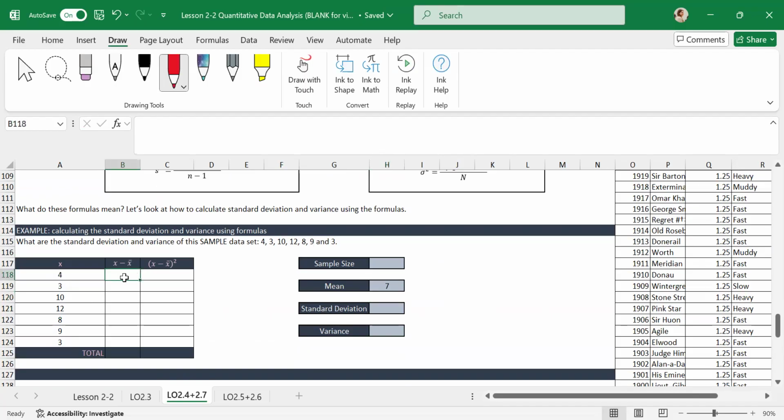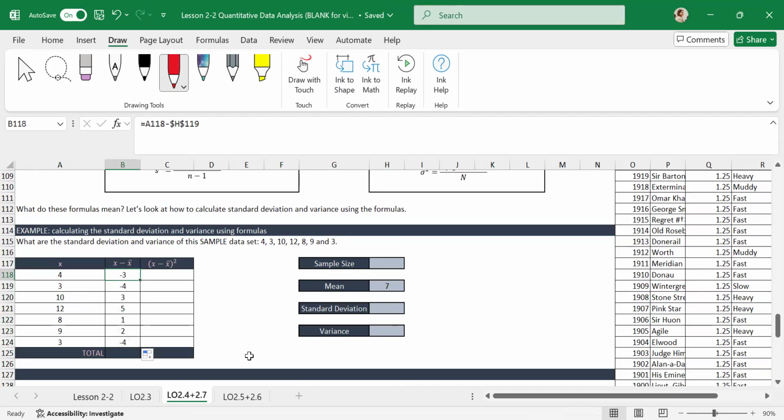The first step then is find out how far each of these values is from the mean. So I would take the individual value, the first one being 4, and subtract the mean. If I want to replicate this formula for my entire table, I'll have to lock in where the mean is found so it doesn't shift down into the blank areas. And that tells me how far every single number is away from the mean.